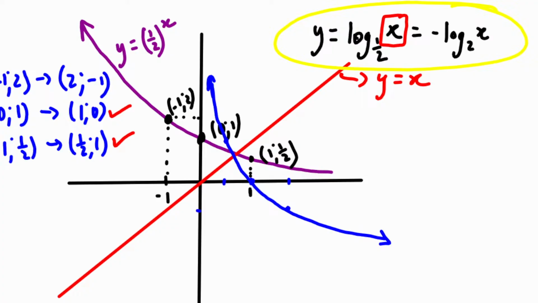So this point is valid under this new equation. And if I substitute a 2, indeed, I'm going to get a negative 1. It's easy to see this one by using this version of the equation of the inverse, because log 2 base 2 is 1. So 1 times a negative, you're going to get a negative 1. So this point is also valid under this transformation.